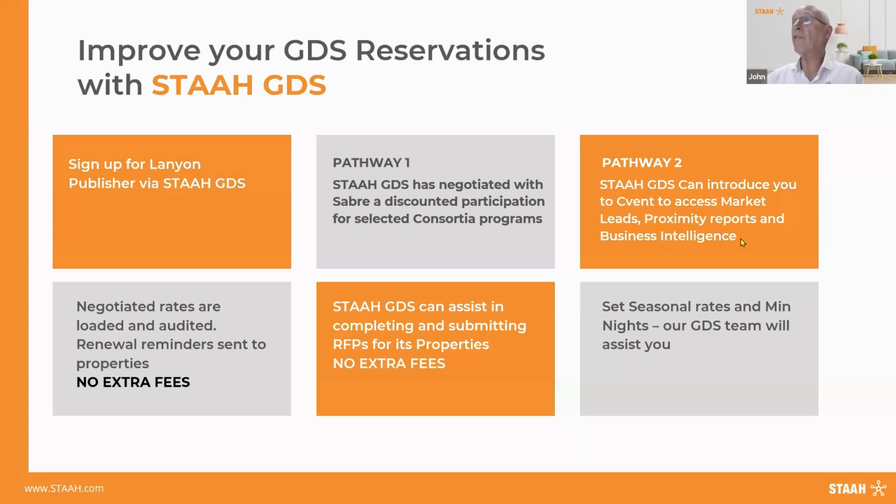You can choose a bit of both, or depending on the size of your hotel, you can choose both of them, or you can choose one. It's up to you. But I can assure the hotels that if you have sales and marketing people, they would love this pathway 2.